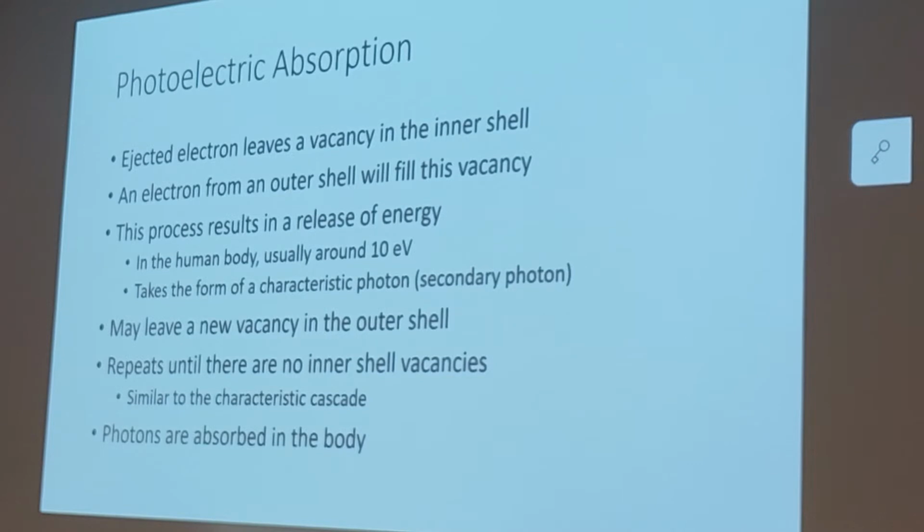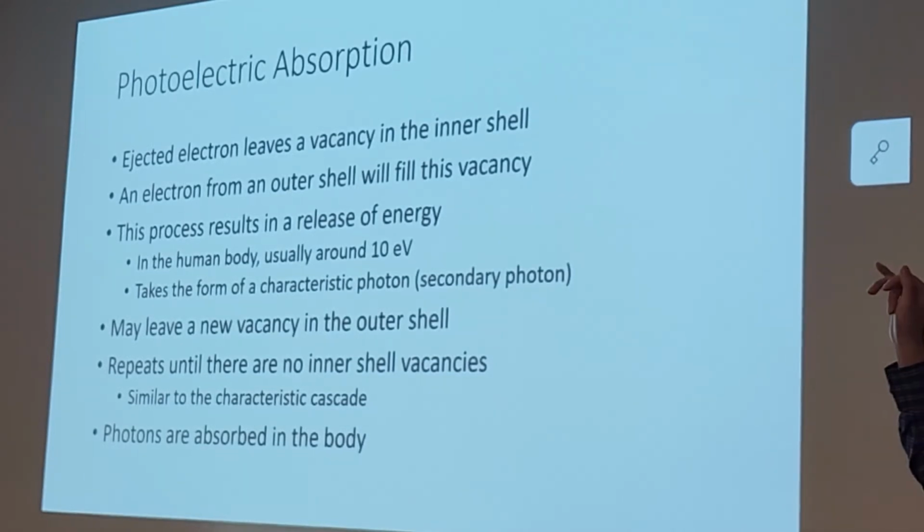So you don't need a 69.5 keV photon to set off photoelectric absorption. It just needs to be higher than the energy of the K-shell, and in the body, the energy of the K-shell is going to be much lower, around 10 keV.